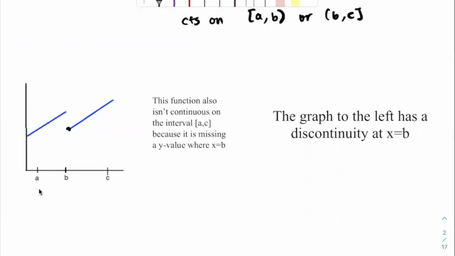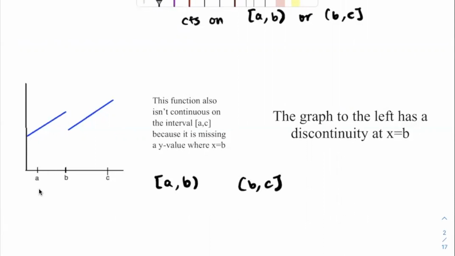But if we put it here, it doesn't line up with this point. And so this is what's called a non-removable discontinuity at B. Again, the function is continuous on this half open interval from A to B or on the half open interval from B to C, but it's not continuous from A to C.